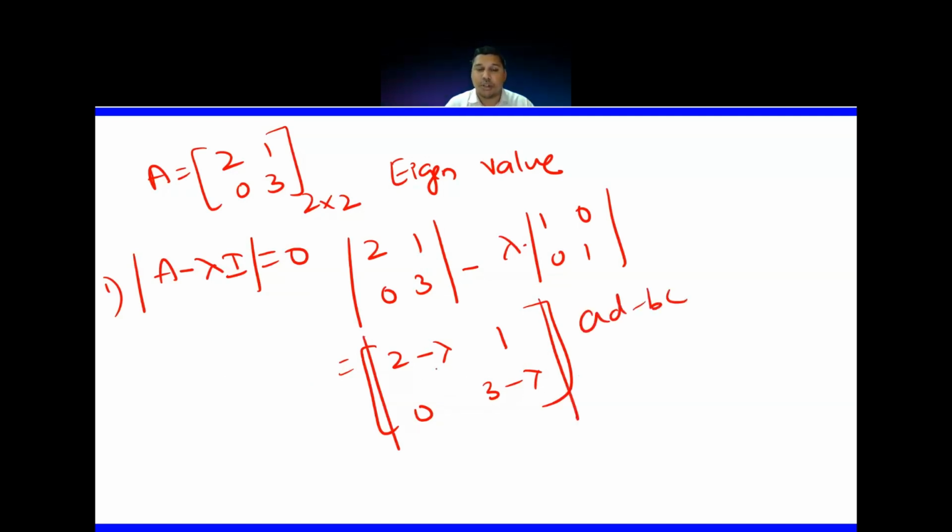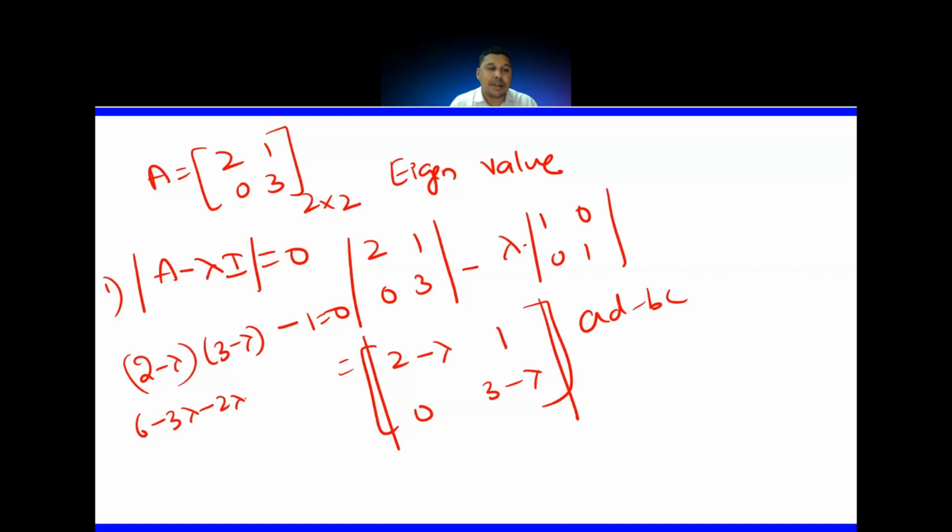So (2 minus lambda) into (3 minus lambda) minus 0 equal to 0. Converting into an equation, if you multiply this, 6 minus 3 lambda minus 2 lambda plus lambda square equal to 0. So this becomes lambda square minus 5 lambda plus 6 equal to 0.